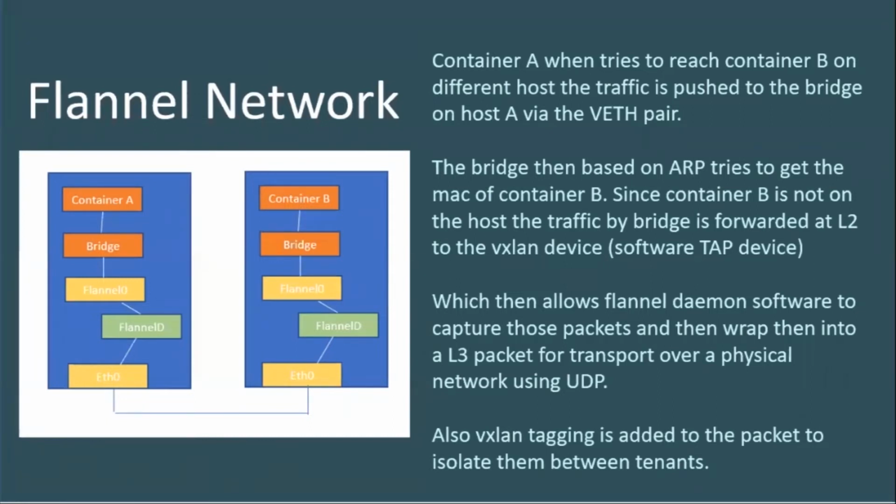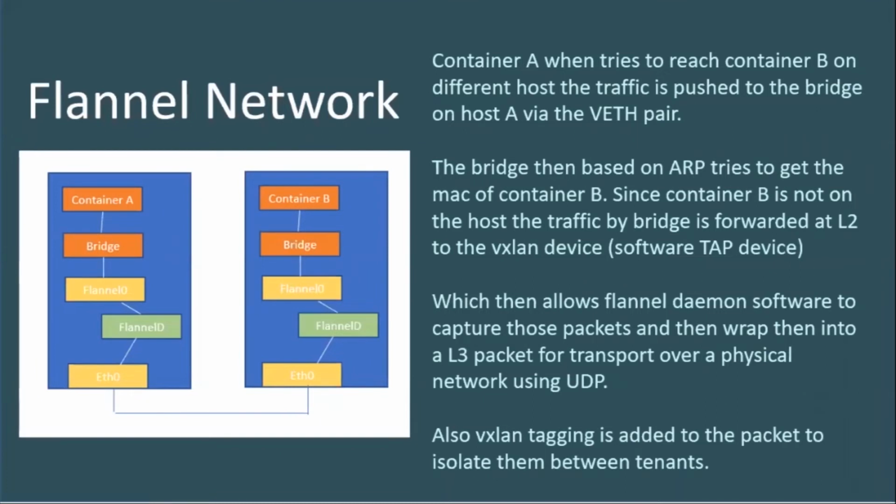It will extract the source IP. Let's say the container IP which it wants to connect to is 10.0.0.2. So this Flannel will know I am hosting a container with the IP 10.0.0.2. Then I will send a success message. And this will go ahead and update my routing table saying hereafter, if I want to connect to container B, that is 10.0.0.2, I should connect to this machine, that is 192.168.1.11.